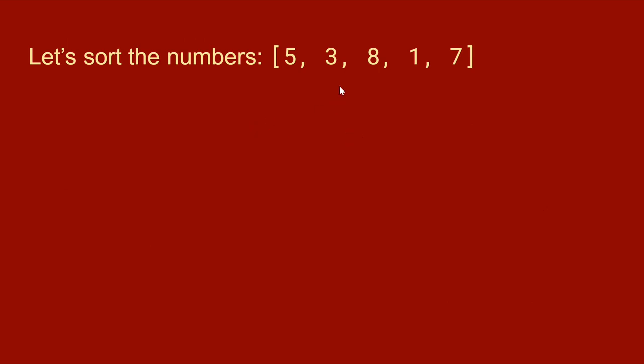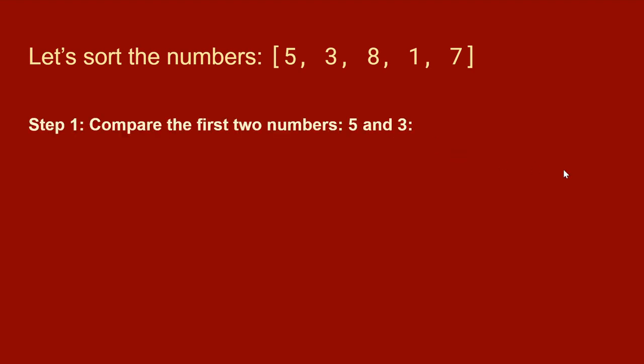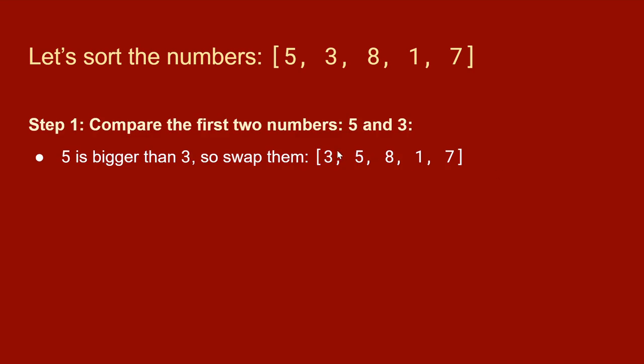Here I have taken a list containing numbers 5, 3, 8, 1 and 7. And now we'll arrange these numbers in the ascending order. So for arranging these numbers in the ascending order, we'll take the first pair, that is 5 and 3, and we'll compare them. When we compare them, we see 5 is bigger than 3, so we'll swap their position.